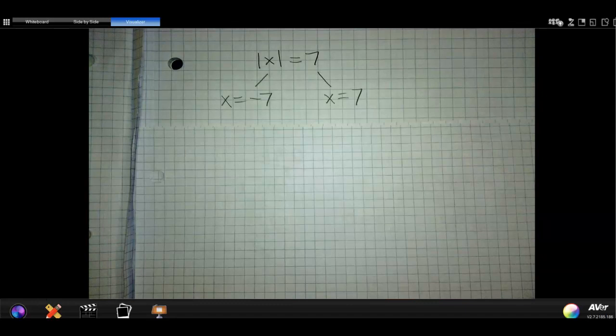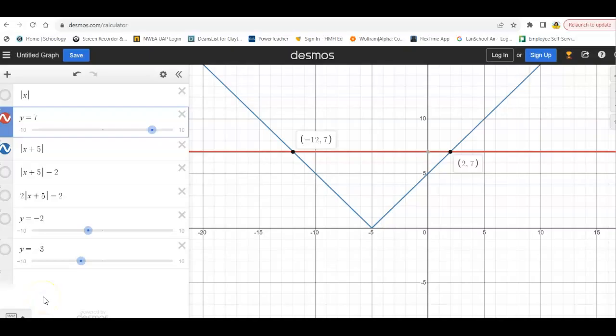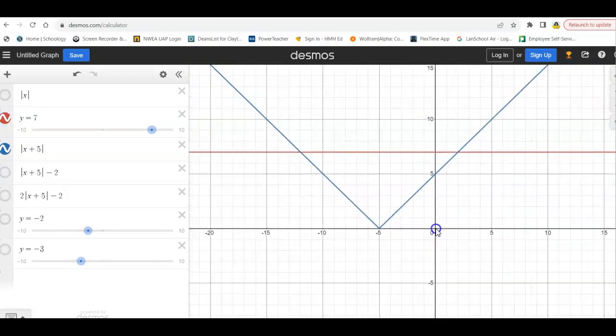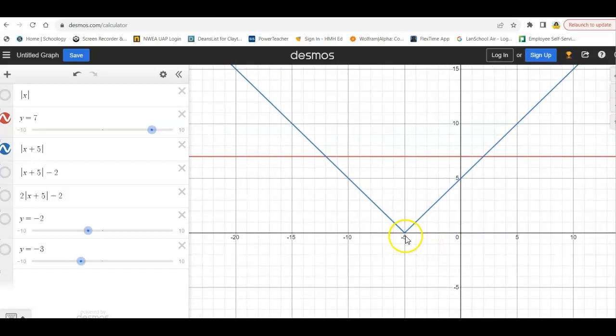Let's add some complexity to this problem. Okay, so here you see that we have added a little bit of complexity. We've kept our constant function y equals 7, and instead of just having the absolute value of x, we're adding a horizontal shift. You see how the graph was over here. Now it's been moved 5 steps to the left.